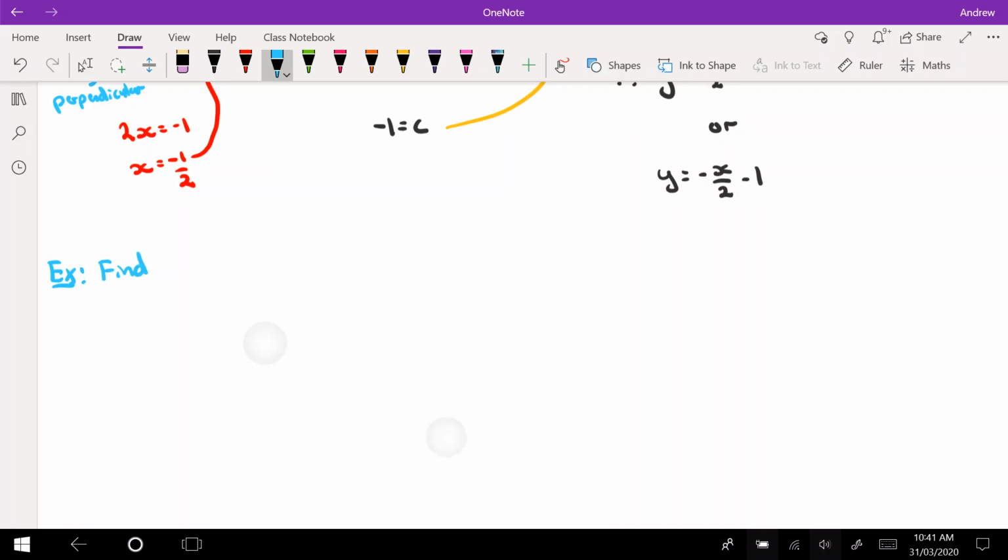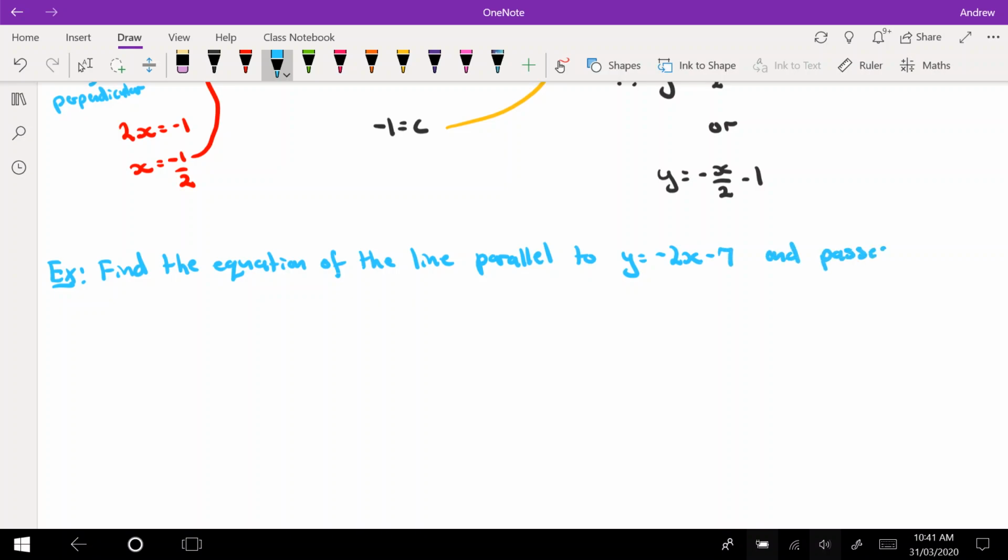Find the equation of the line parallel to y equals -2x take 7 and passes through (1, 9).